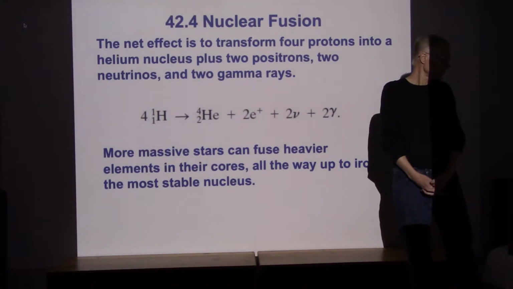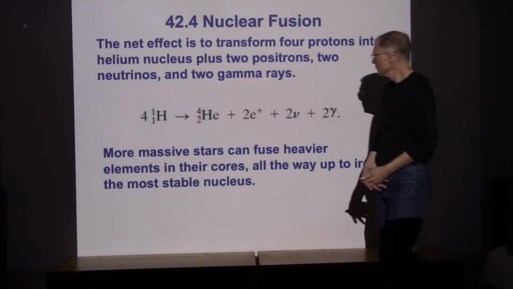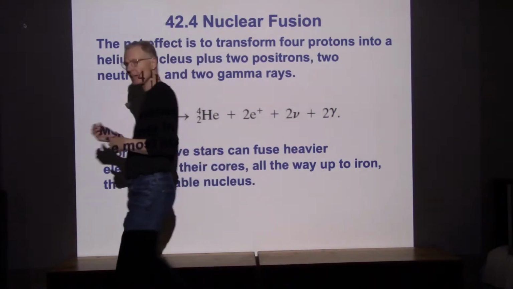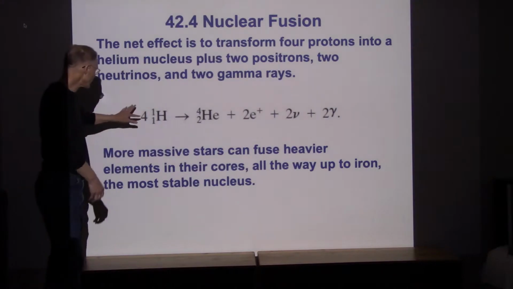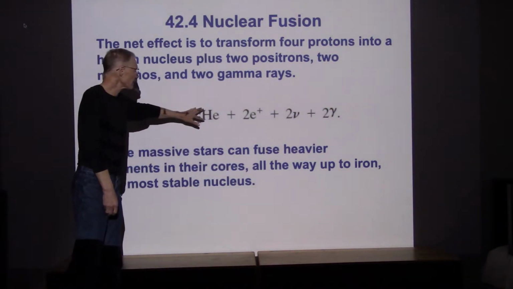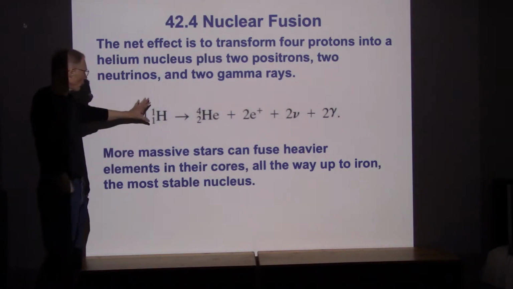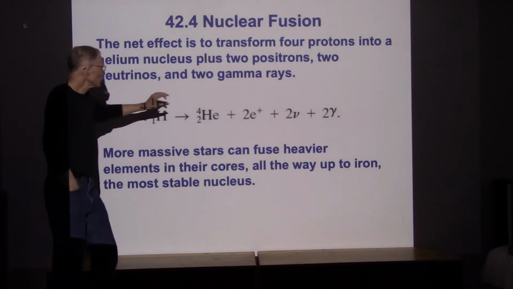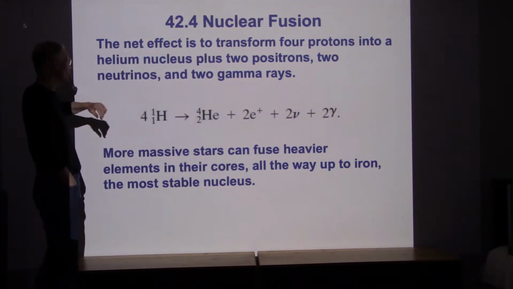Now here is the net effect of the fusion reactions themselves. This reaction we have here is not entirely charge balanced. I've got 4 hydrogens coming in, and a helium coming out. If I'm just thinking of nuclei, then I've got 4 plus charges here, 2 plus charges here, and 2 here, and this equation works.